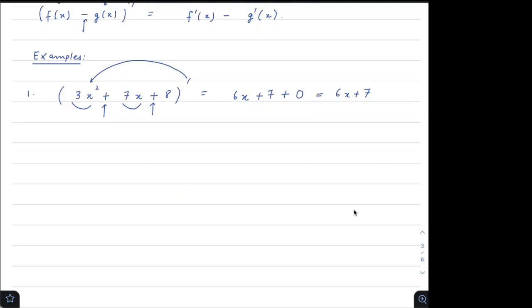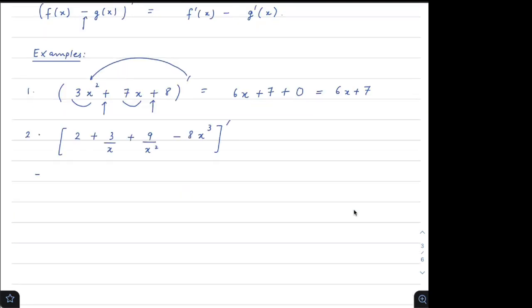Let's try one more. Now, before you find the derivative of this function, make sure you rewrite this function in the following form. And now you are ready to differentiate it. Derivative of 2, 0.